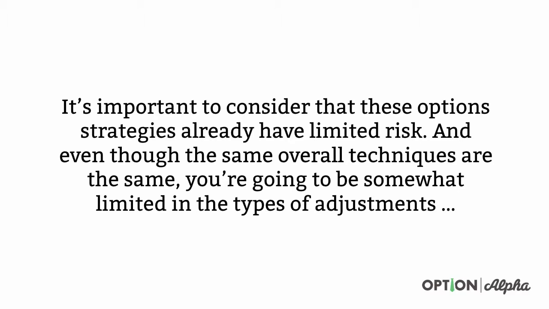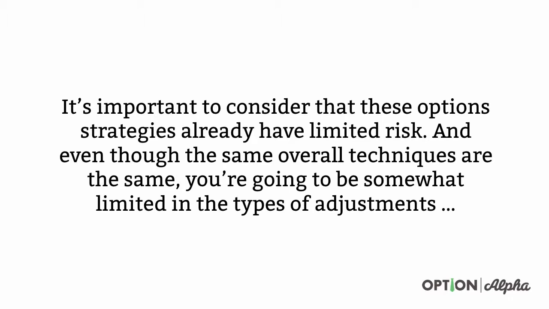Now, it's important to consider that these option strategies already have limited risk, right? You're already buying and selling or have defined risk in these trades. And so even though the overall techniques are the same and apply the same way as they do with the last video on straddles and strangles, you're going to be somewhat limited in the types of adjustments or the aggressiveness of the adjustments that you can make.